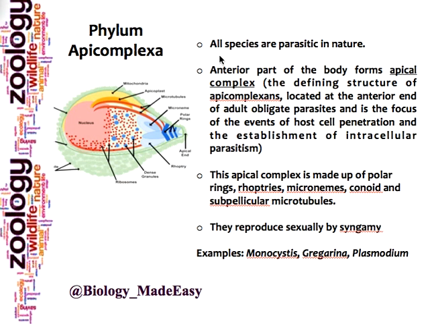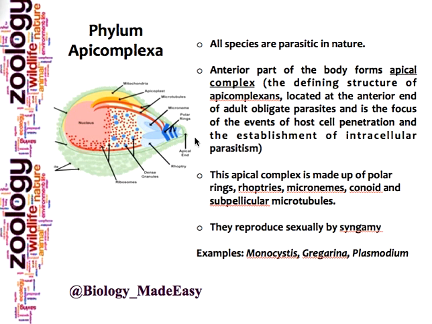Let us discuss now the phylum Apicomplexa. In this phylum, all members are parasitic in nature, which is very important, and they have a special organ called the apical complex, and that is why the phylum is so named. This apical complex is a defined structure present at the anterior end of adult obligate parasites and is the focus of the events of host cell penetration.